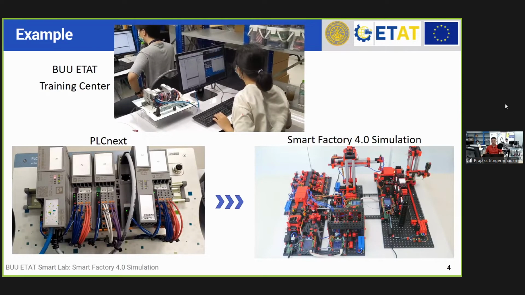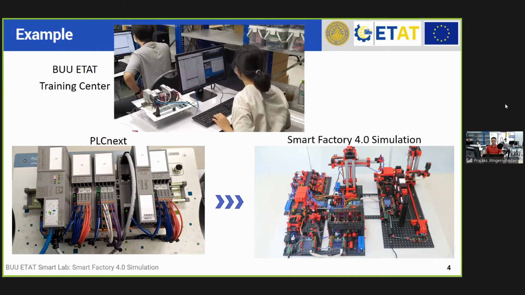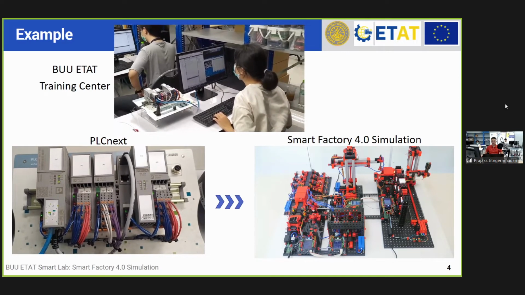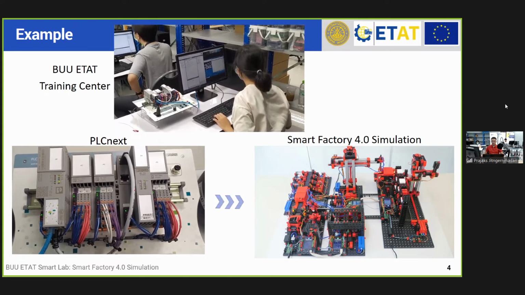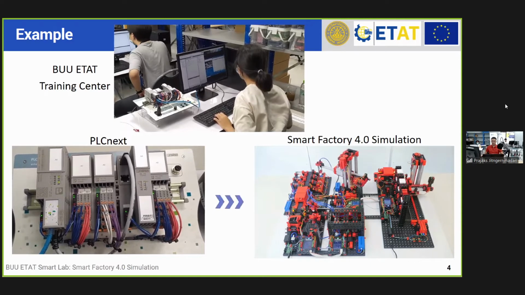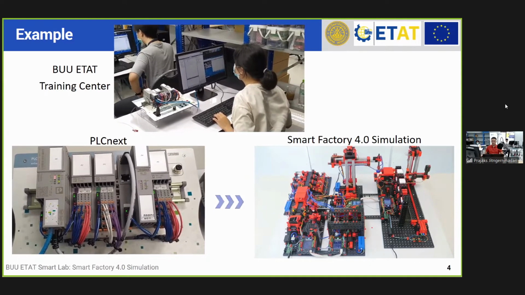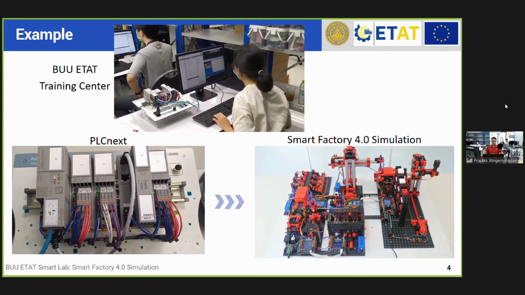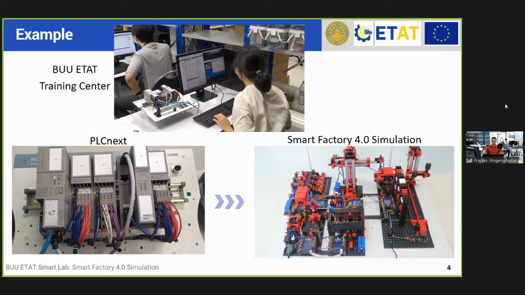The trainees will control our programming with the engineering PC, and then control it with the PLC Next, and from the PLC Next we go to the Smart Factory 4.0 simulation.